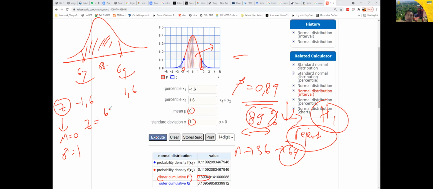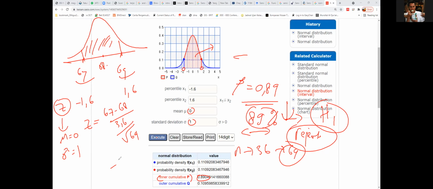Berarti kan 67 dikurangi 68 bagi 3,6 bagi akar 64. Ya enggak sih? Ini mungkin minusnya jadi lebih besar. Yes, minus berapa ini? 2 ya? 2 atau berapa?